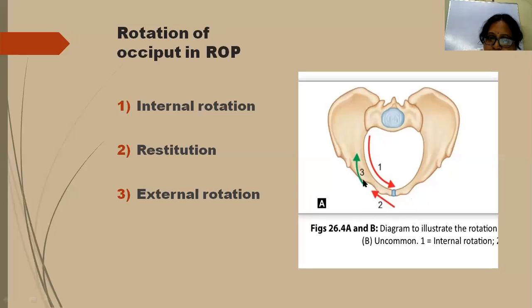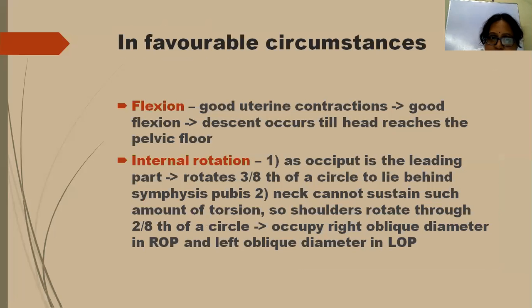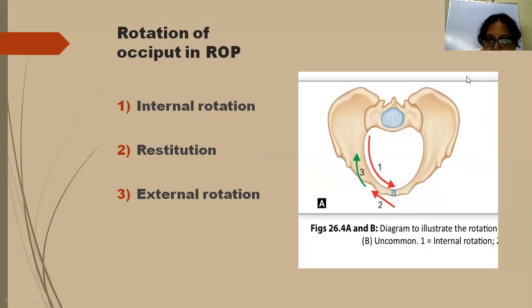And next, external rotation will occur in the same direction as that of the neck through another 1/8 of the circle, so that the head will lie transversely once it comes out, and this movement will cause the shoulders to come into the anteroposterior diameter. Then birth of the shoulders will take place.